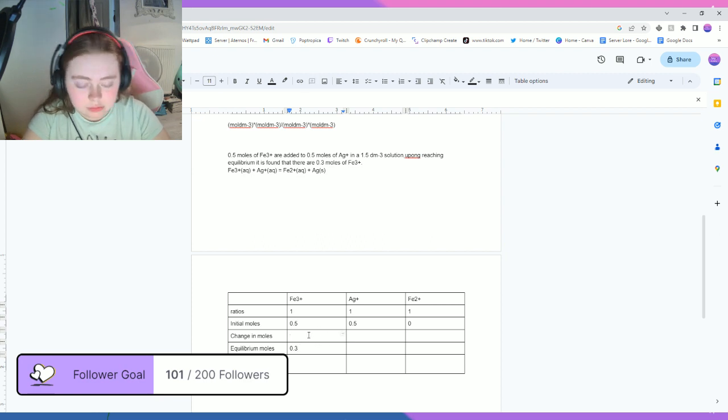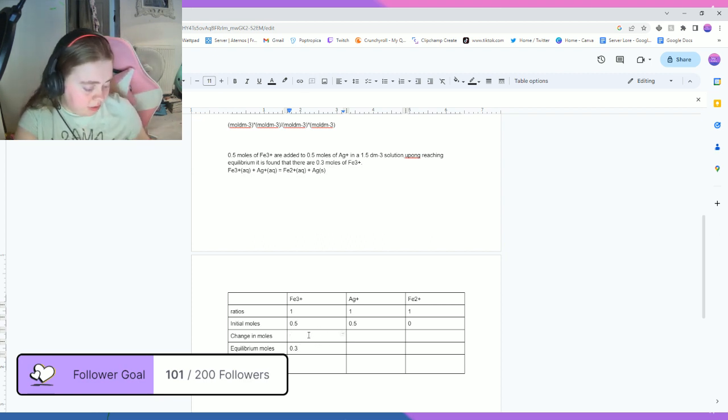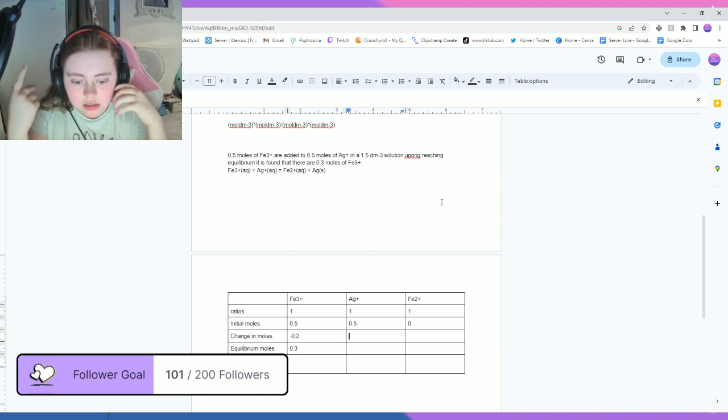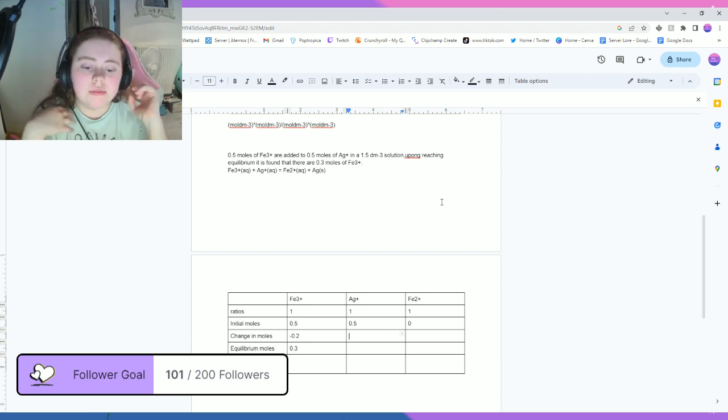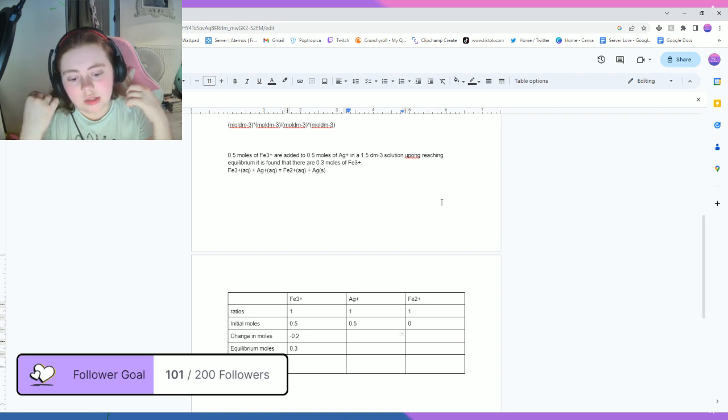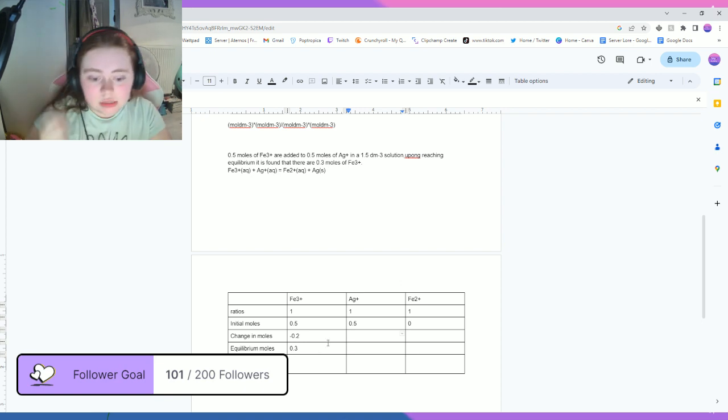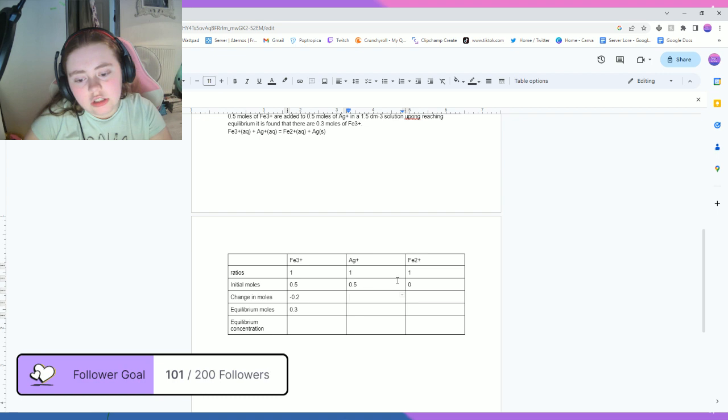Now the change in moles. Upon reaching equilibrium, it's found that there's 0.3 equilibrium moles of Fe3+, which means a change of 0.2. And since reactants are converted into products, they will always have a decrease in moles. This is where you'll need to use the ratios.